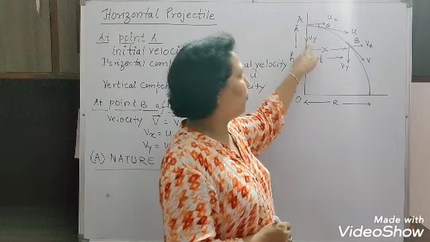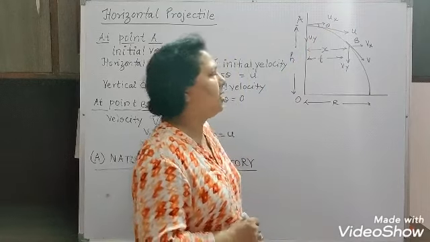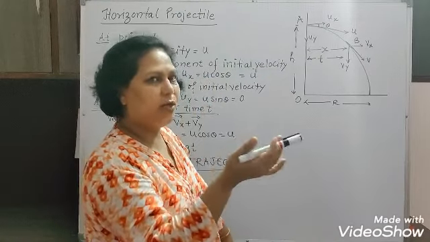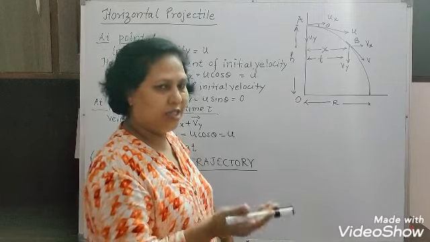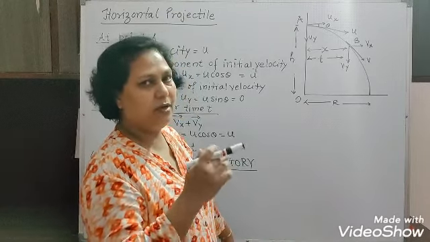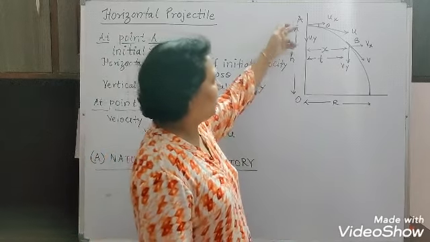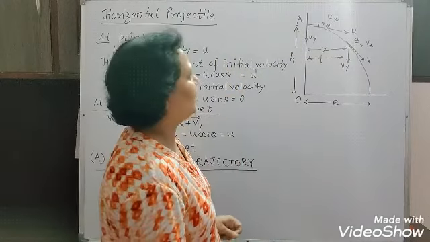And be careful while taking the angle. The component which is on the side of the angle you have taken will be the cos theta component, and the other side, the vertical one, will come as u sin theta.